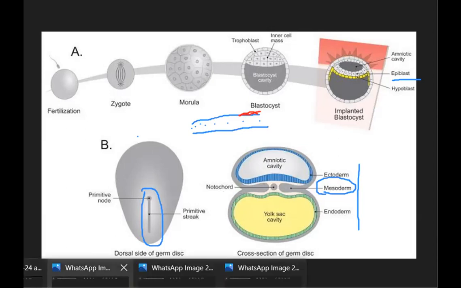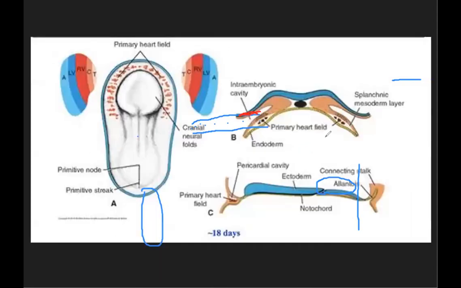For now, I will take you to another very beautiful picture over here. Let's erase this all. Now, as you can see, this blue color lining is the ectoderm.